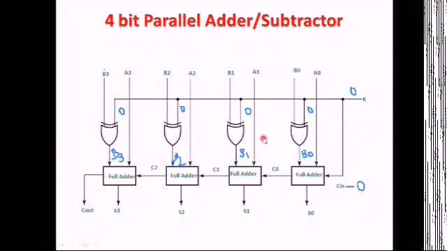So when K is equal to 0, then the addition operation will be going on in this whole circuit, as this is a 4-bit parallel adder subtractor circuit. As I had already told you, this circuit will perform addition, and it will also perform subtraction. So when K is equal to 0, this circuit is performing the addition operation.